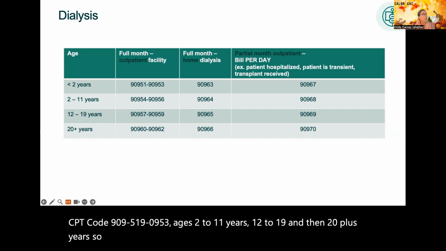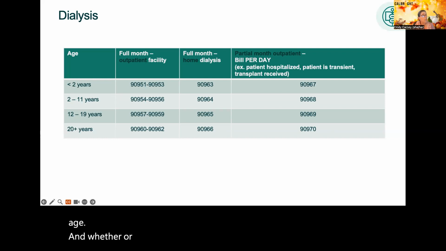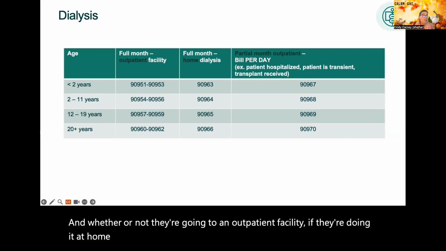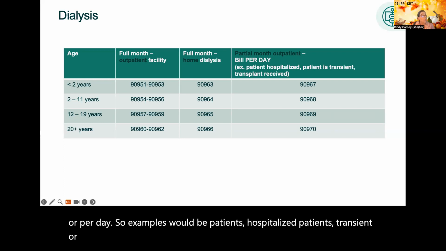So here you're seeing that these codes are going to be based on age and whether or not they're going to an outpatient facility, if they're doing it at home, if it's being billed by the month, or it's being billed partial month or per day. So examples would be patients hospitalized, patients transient, or even a transplant has been received. So that's when it would be broken down by that partial month.